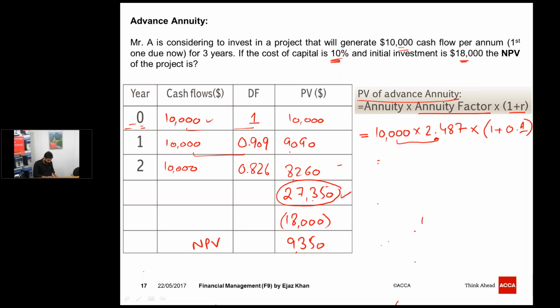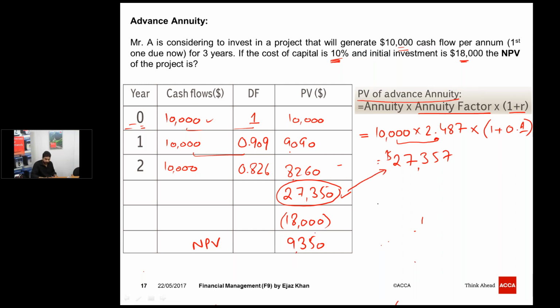Just do it for me. Can you just calculate whether we are getting the same answer or not? Yes, approximately the same. 27357, which is approximately the same one.